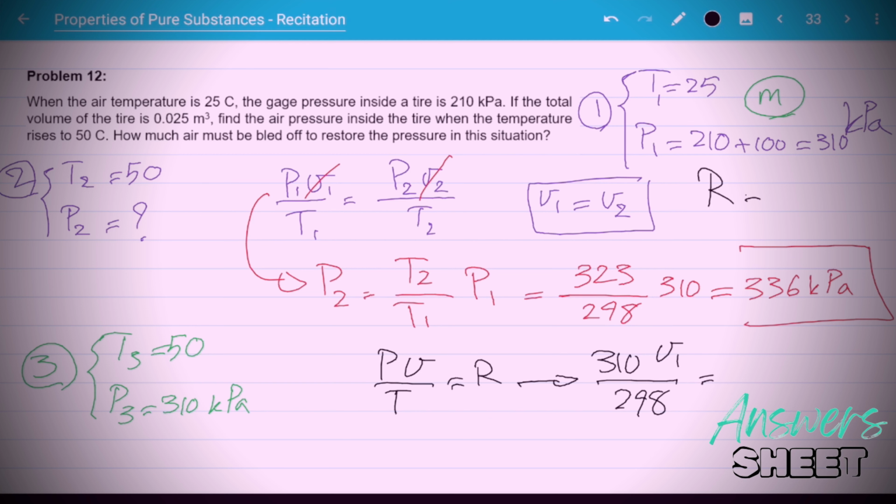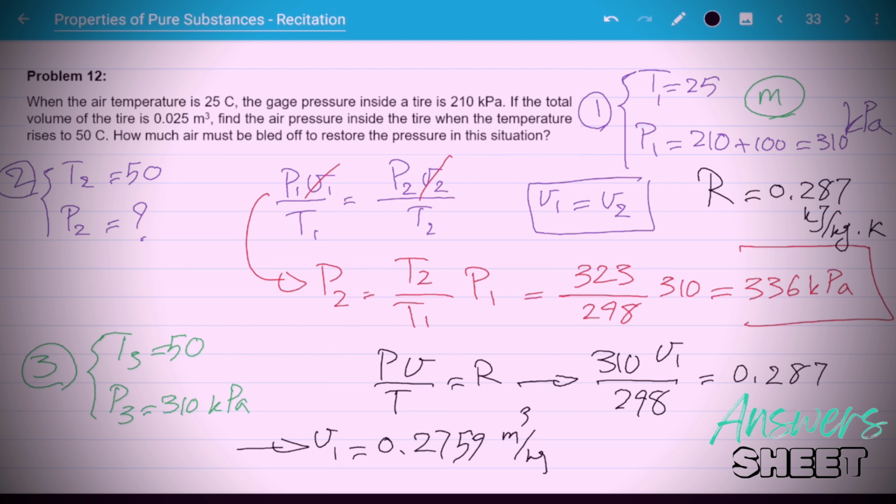Now for air, gas constant is 0.287 kilojoules per kilogram Kelvin. Plug that here. And then we get specific volume 1 is actually 0.2759 meters cubed per kilogram.